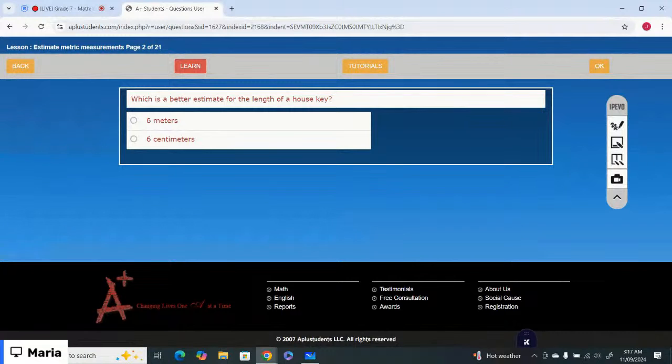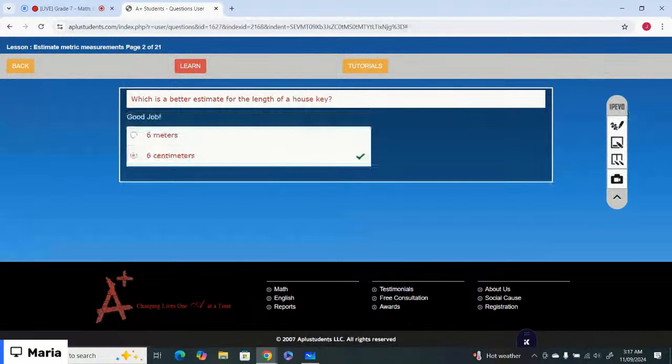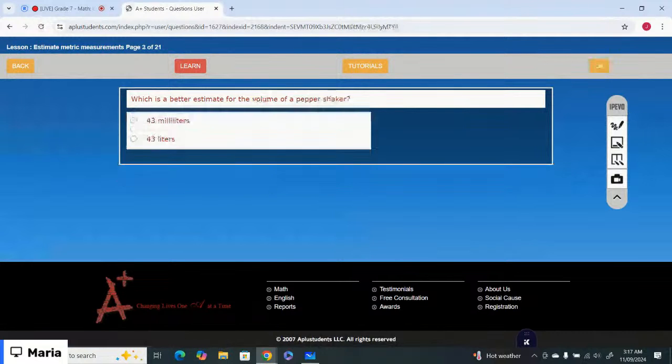That is a key, right? It must be 6 centimeters because 6 meters is too long for the length of a key. Which is a better estimate for the paper shaker? So which is the correct option?